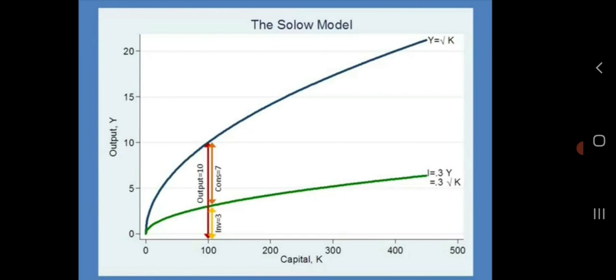It's easy to understand. That is, when the capital is 100 units, we derive an output of 10 units, and out of these 10 units, we must invest 3 units, and we can consume only 7 units for our sustenance.